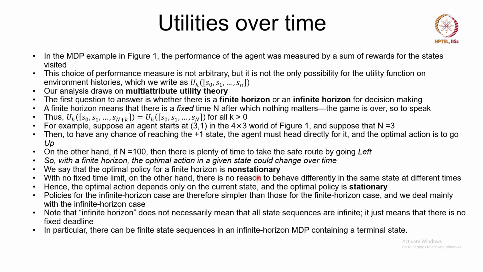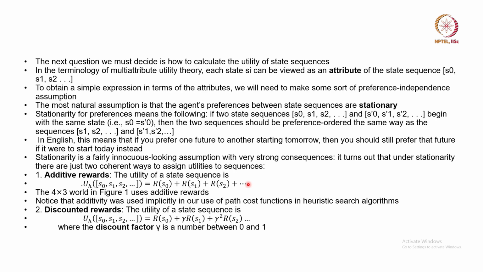Whereas in the infinite case, it would be stationary. You will move from one state to another state, and the policy is stationary in the case of the infinite horizon.